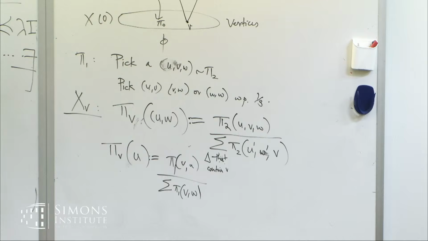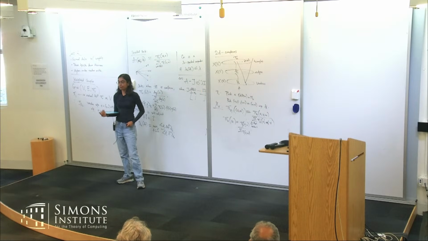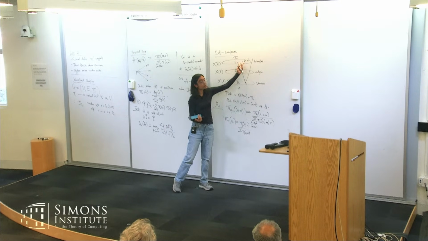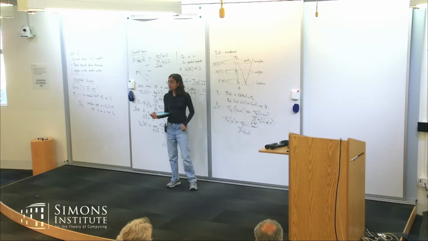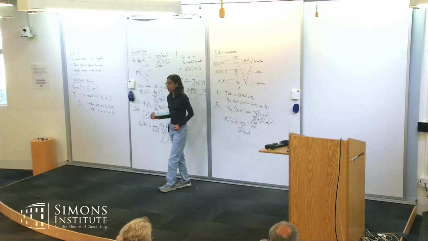So that's just the probability of UVW conditioned on V being in the triangle. Yeah. So these are just conditional probabilities, by conditioning the measure pi2 lying inside the link of V.